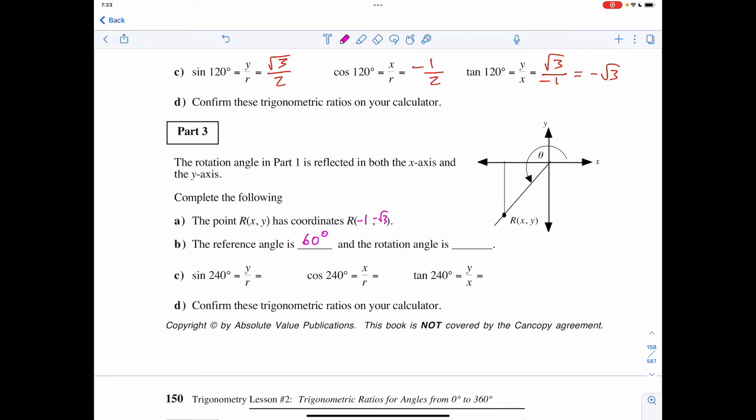The rotation angle in quadrant 3 is going to be 60 degrees more than 180, or 240 degrees. And now we can see that with the negative y value and x value, my r is still just 2, because when I take the square root of something squared, it's the positive version of what that is.